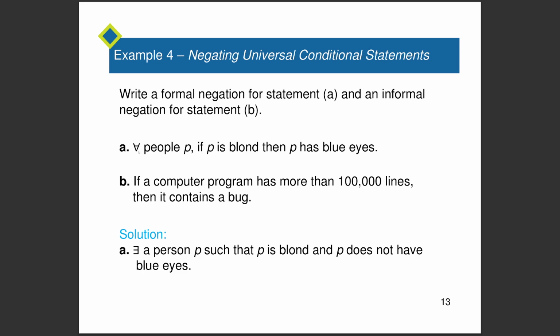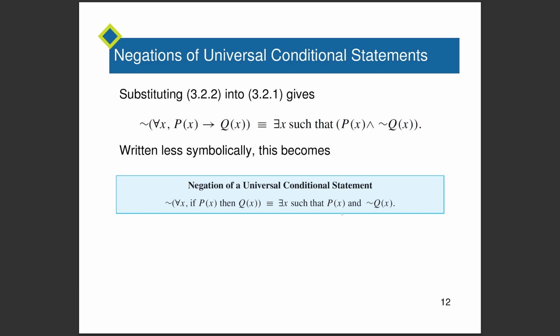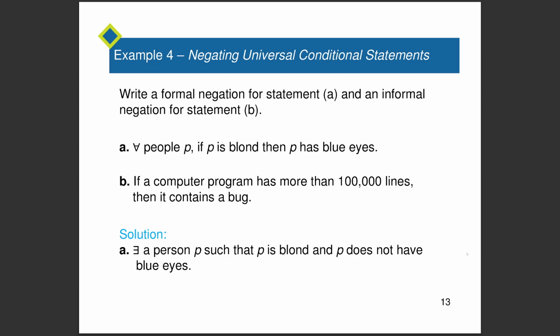An example, for all people, small p, if p is blonde, then p has blue eyes. So the solution is there exists, as we just said, a person, p, so one person, such that p is blonde and p does not have blue eyes. It has to be not, because not q, right? That's why we have not blue eyes here.